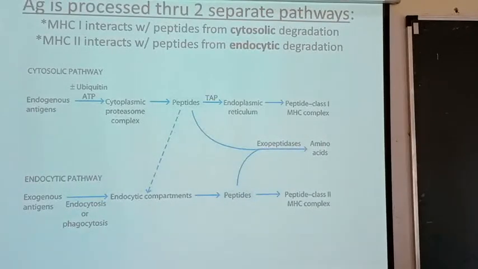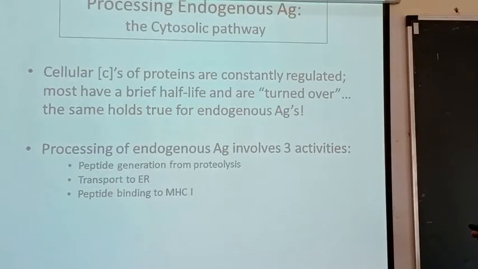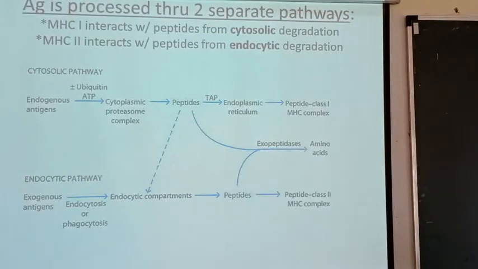Now, how is this antigen processed through separate pathways? There are two types of pathways: the cytosolic degradation and the endocytic degradation. MHC1 interacts with the cytosolic degradation, while MHC2 interacts with the endocytic degradation. Now see here, this is the cytosolic pathway.